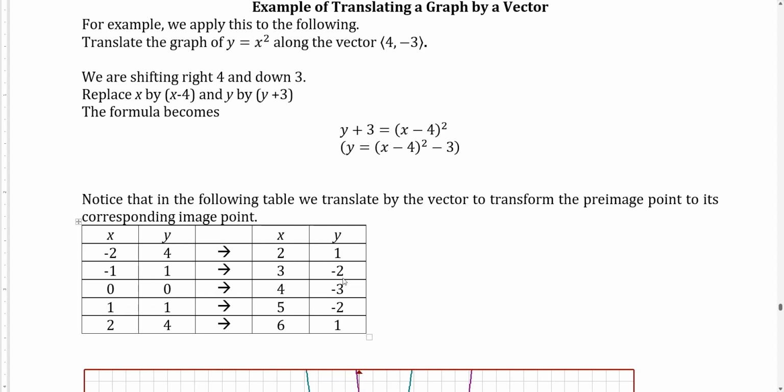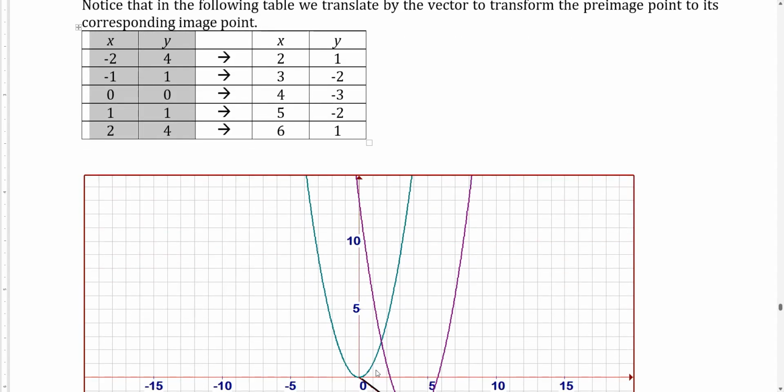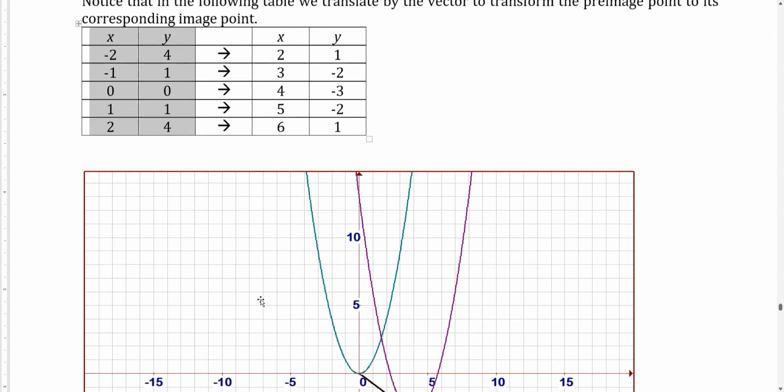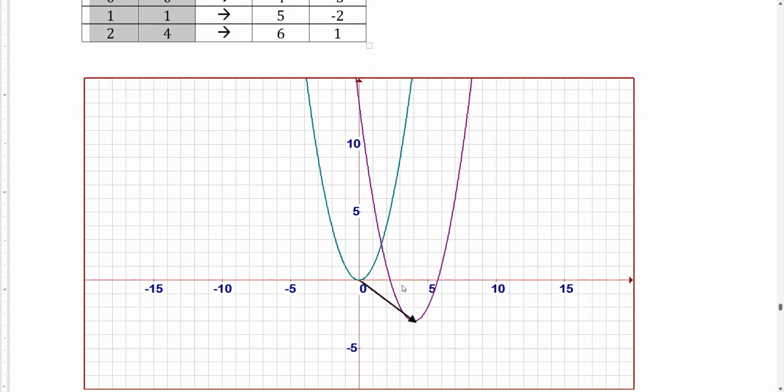And so if we put these dots here and these dots and graph them and connect the dots where we're supposed to, this one should give us portions of the graph of y equals x squared. That, in this case, is the green one right here. And notice you can see some of these points, negative 2, 4, negative 1, 1, 0, 0, 1, 1, 2, 4. And then we see the corresponding points down here.